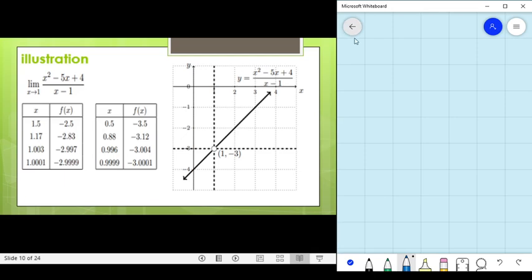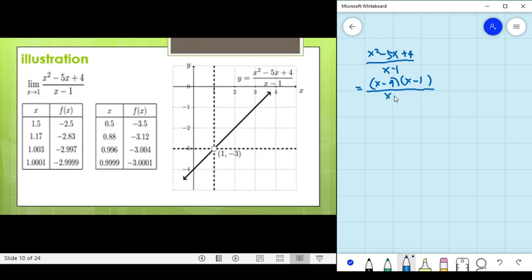So if we are going to consider x squared minus 5x plus 4 all over x minus 1, and factor out the numerator, we have x and x as factors of x squared, and factors of 4 whose sum is negative 5, so that is why we have negative 4 and negative 1.